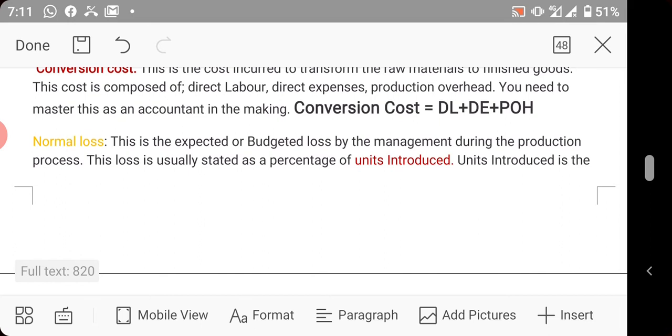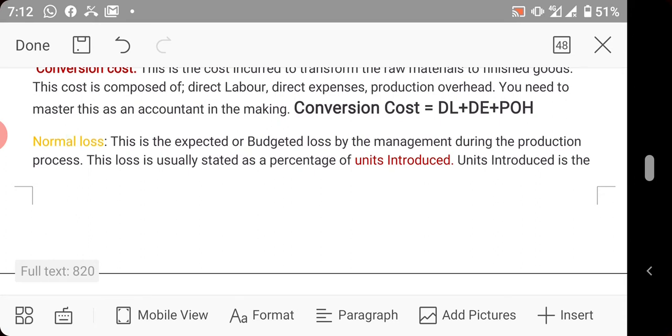For example, Hush Puppy was arrested today. We know he's a fraudster and we know he will soon be arrested. So we've already known and planned that one day Hush Puppy will be arrested. So normal loss is that loss you already know will occur.